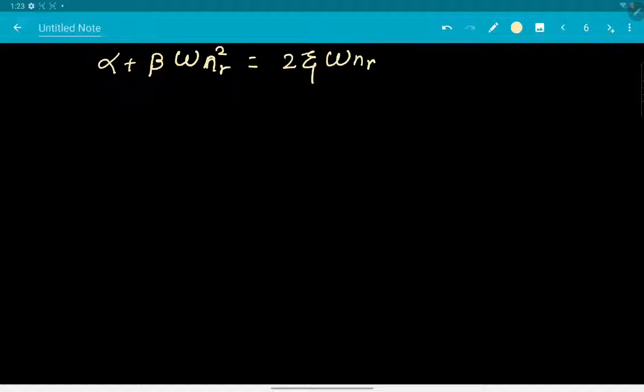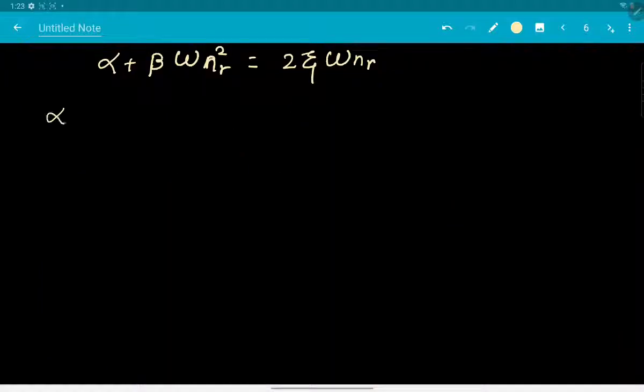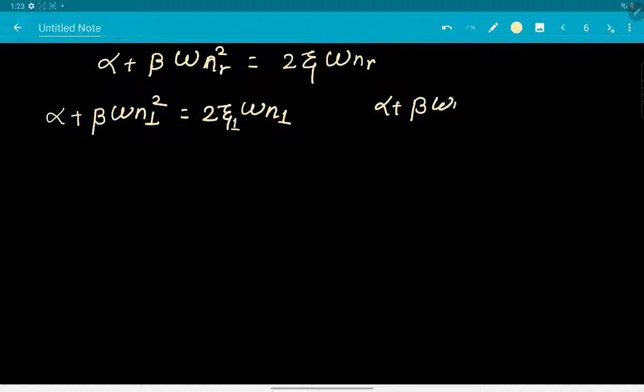So compare this with this one. In our case, with a 2 degree of freedom system, we'll say that alpha plus beta times omega n1 square is equal to 2 xi1 omega n1, and alpha plus beta times omega n2 square is equal to 2 xi2 omega n2.